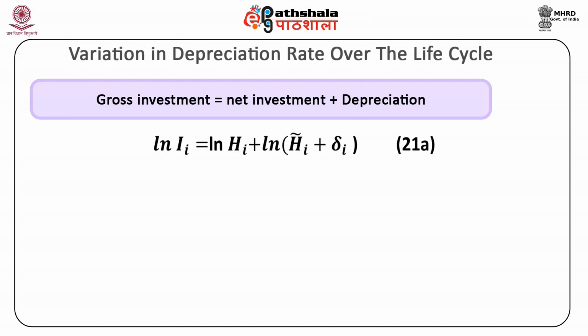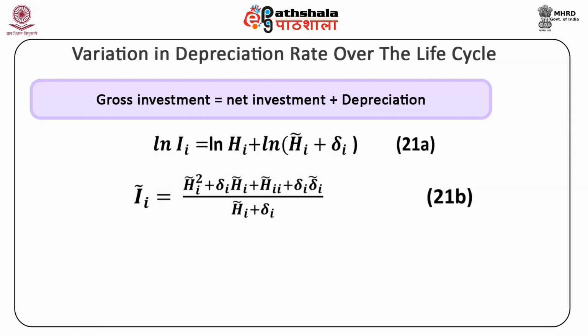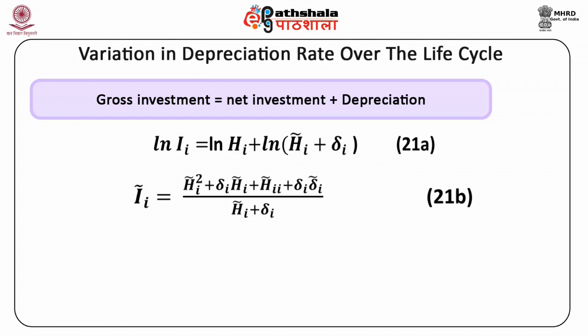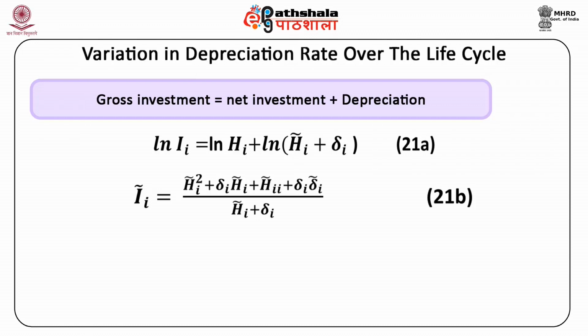Differentiating with respect to age, I tilde is equal to H tilde i squared plus delta i into H tilde i plus H tilde ii plus delta i into delta i tilde, upon H tilde i plus delta i. Equation 21b.